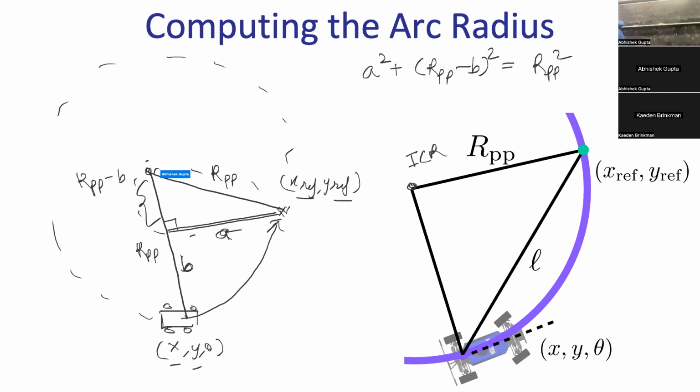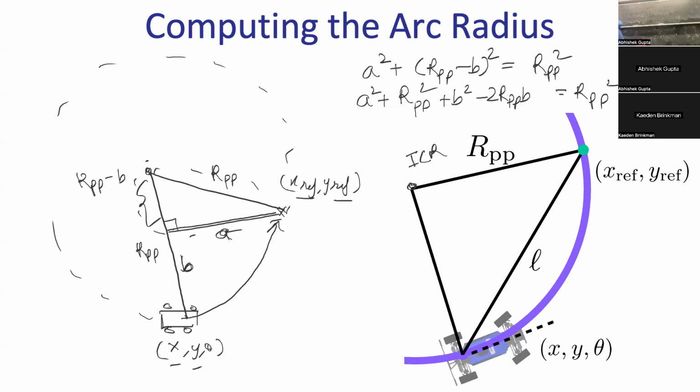Okay, so let's try and expand this a little bit. You have A squared plus R_PP squared plus B squared minus 2 R_PP B, just square expansion, is equal to R_PP squared. Yes, Pythagoras theorem plus expansion. Correct, thank you.